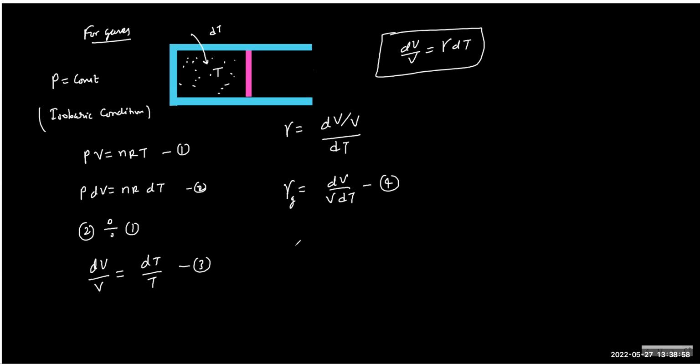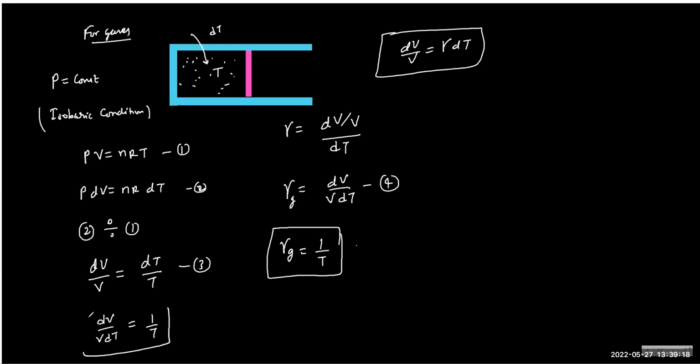So you can clearly see that the gamma, the coefficient of volumetric expansion of a gas, is the inverse of temperature. Understood?